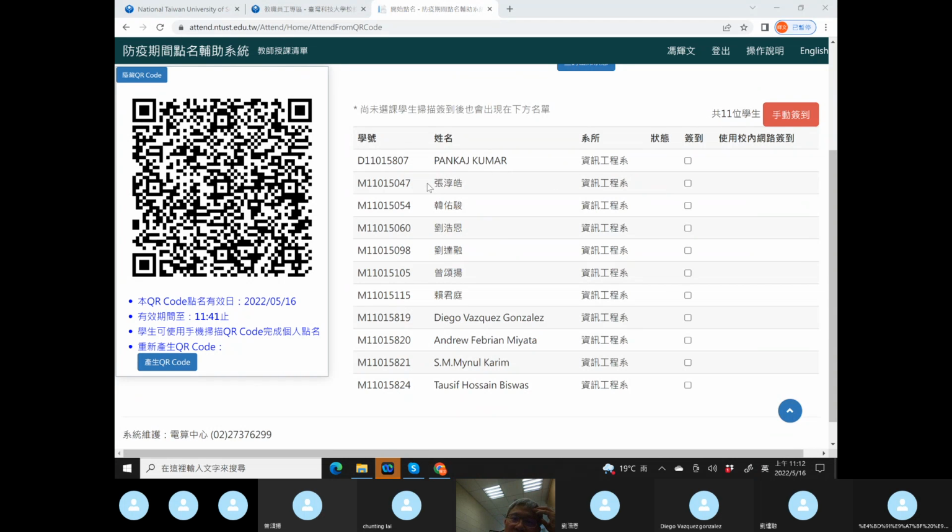So first one should be Chun Hao, then You Qun, Hao En, Da Rong, Song Yang, Jin Ting, then Diego, Andrew. As for the remaining two, perhaps they dropped, so I skip them. So this is the order, because Pankart let me know he is preparing for the final exam, so he will skip June 6th. And on June 13th we'll have the presentation by Pankart. About the order, any questions?